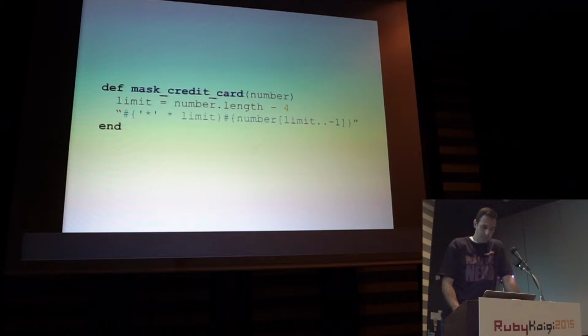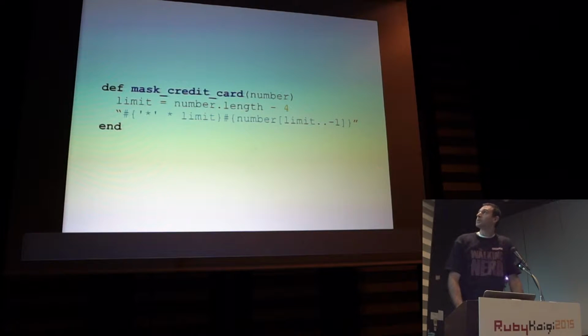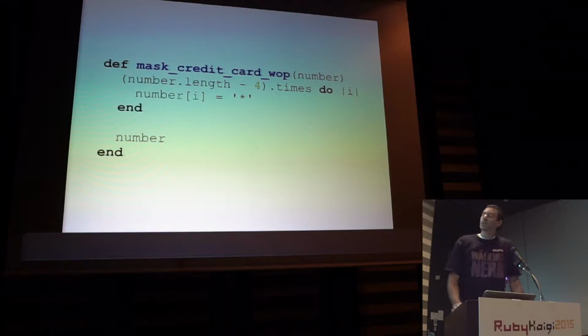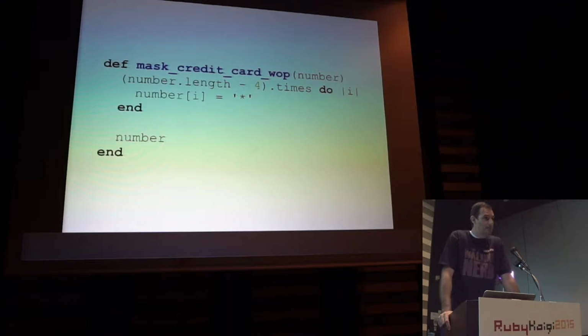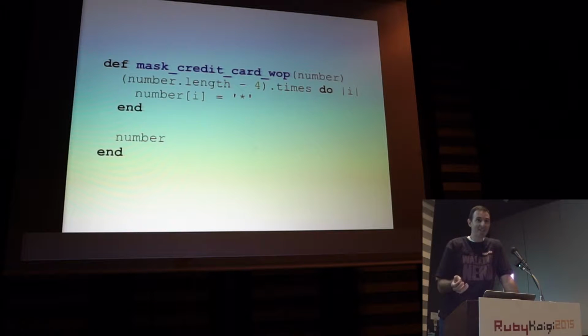So, a possible and simple implementation: we extract the last 4 digits and join with asterisks at the beginning. So, the WOP implementation iterates over the number string and replaces each number position by asterisks until the last 4 digits.